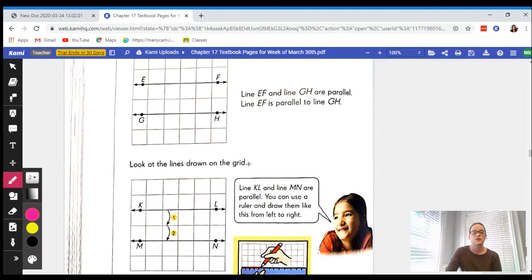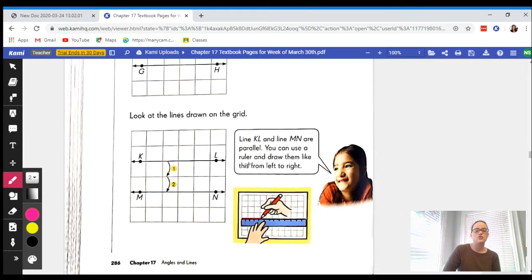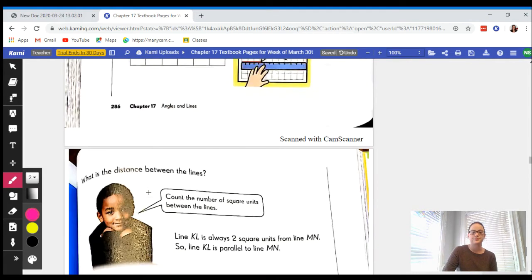Very good. Look at the grids drawn below. So if you'll notice, line KL and line MN are always 2 blocks apart, exactly 2 blocks apart. Grid paper is a great way to be able to tell that lines are parallel.